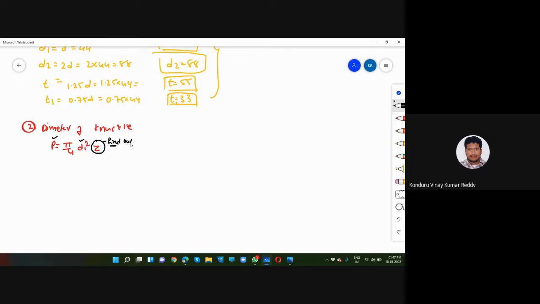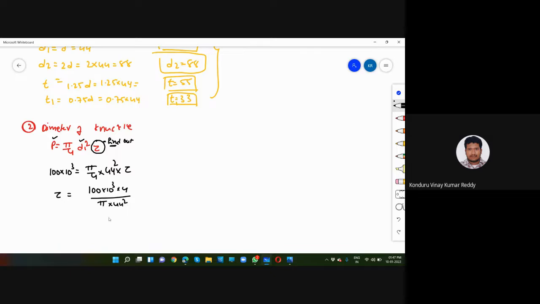P is 100 into 10 to the power of 3, and d1 is 44. Thereby tau is equal to 100 into 10 to the power of 3 into 4 by pi into 44 square.